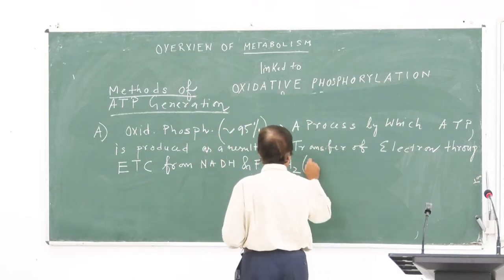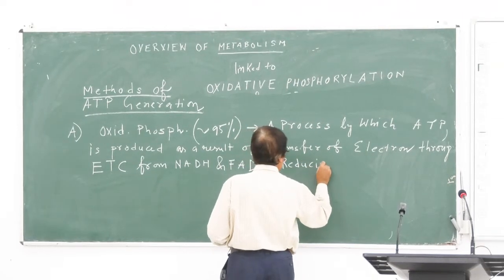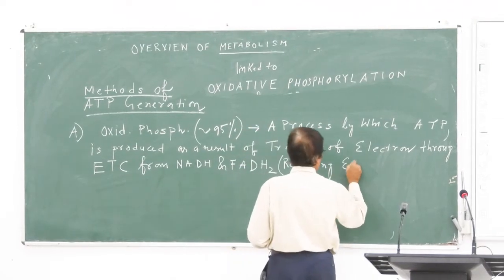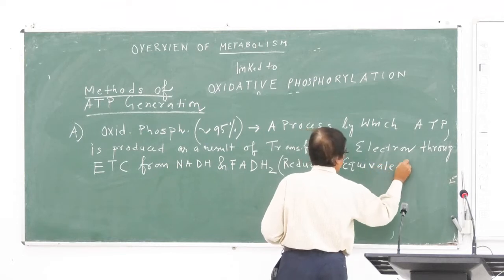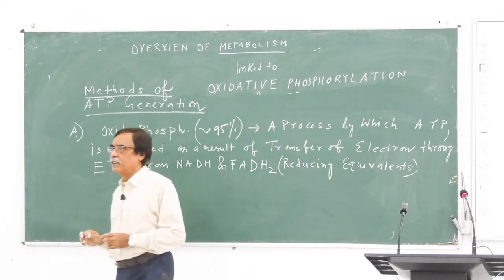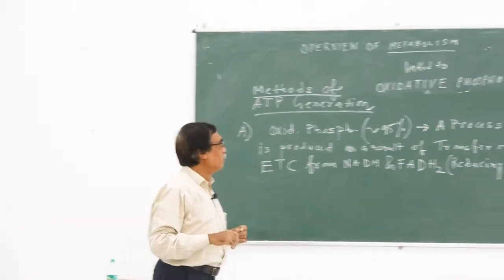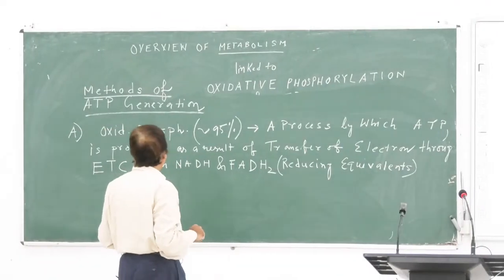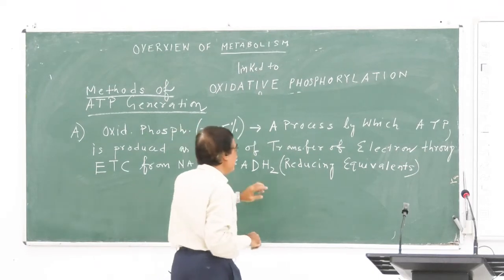Collectively they are called reducing equivalents, because they contain electrons, a pair of electrons. A process by which ATP is produced as a result of transfer of electrons through ETC.